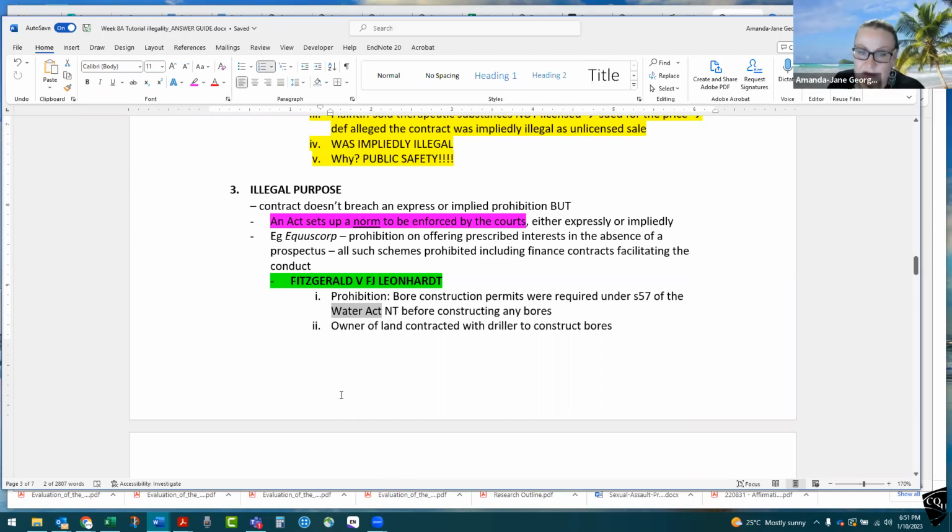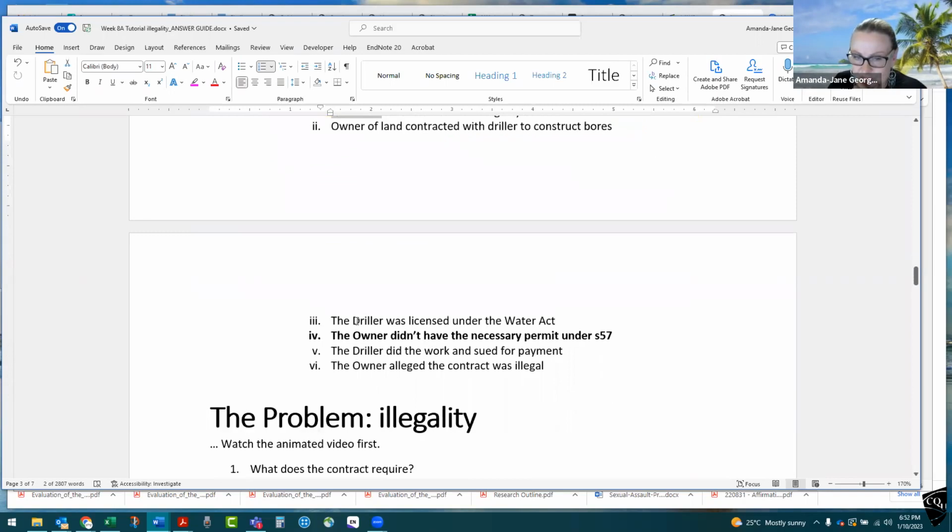As I said, the owner contracted with the driller. The driller was licensed under the Water Act, but the owner didn't get the necessary permit that he was supposed to before the driller came onto his property to drill the holes to create the bores. The poor little driller did the work and sued for payment.